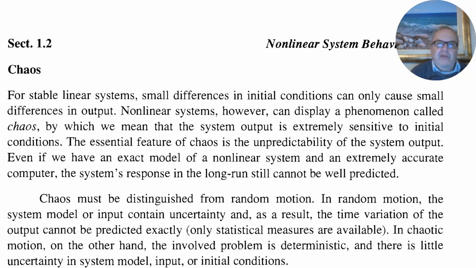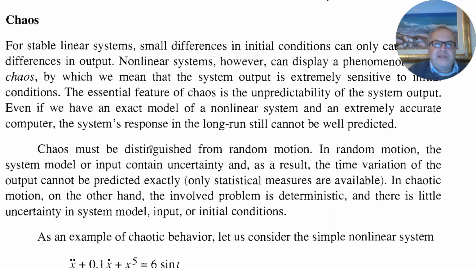On the contrary, for nonlinear systems, we have the phenomenon of chaos, from the Greek word chaos. It depends on the nature of nonlinear systems. Some small differences in the input can create very big, dramatic differences in the output, and this can generate chaos.